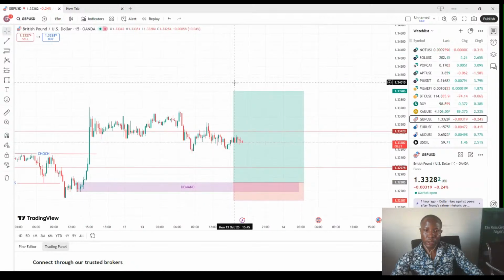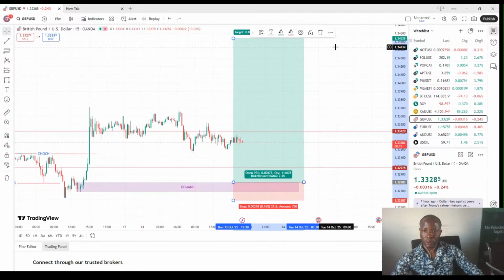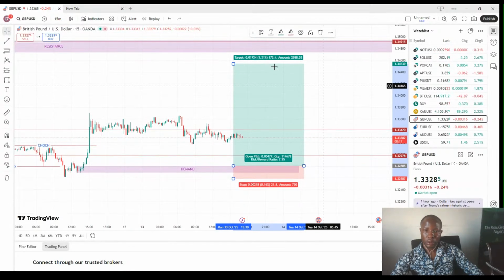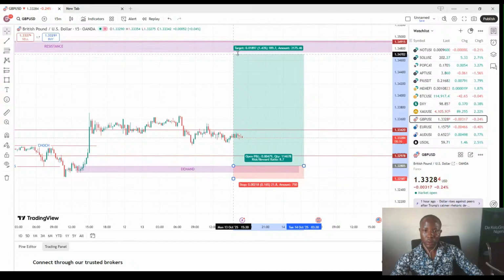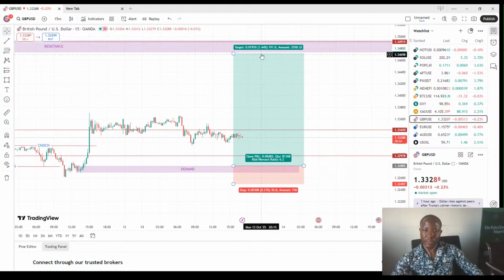You can see the resistance is above. The market wants to enter into this resistance, and that is about 1:8 risk to reward. So this should be 30. Yeah, so it's 1:6 risk to reward ratio right now.